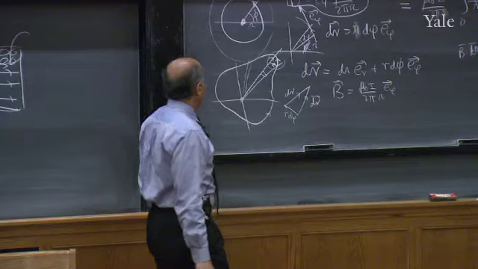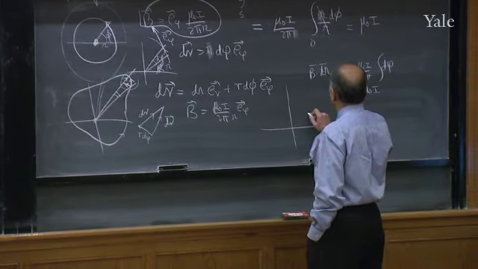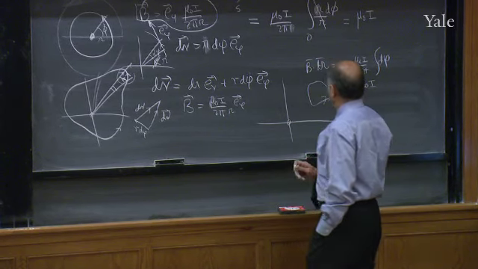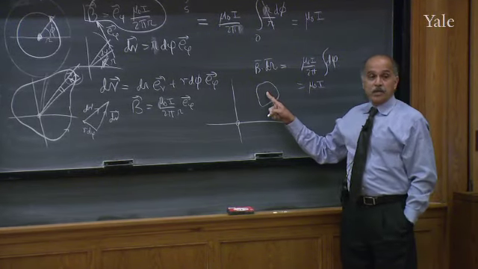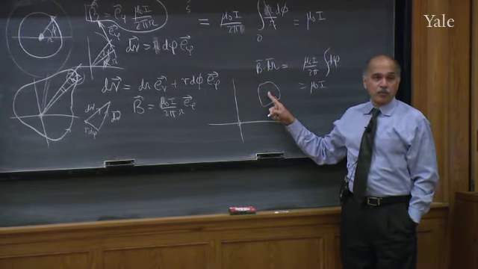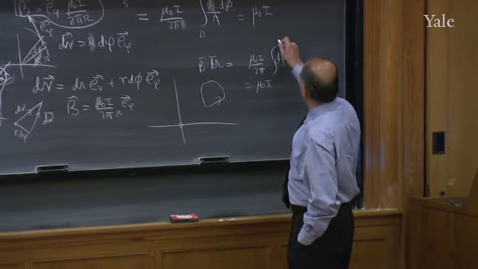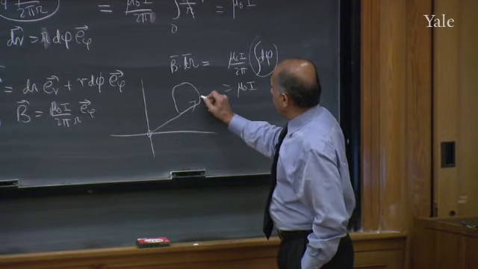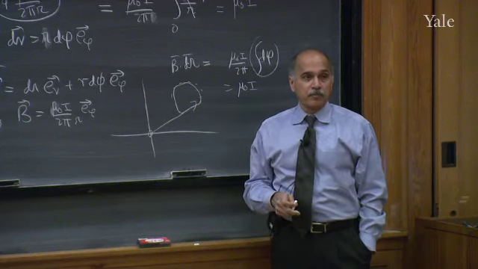What if you took a loop here and the current's actually here? There is no current going out of this guy, so we better get 0 for that, and we want to know why. You'll get 0 because if you do the same formula, it'll give you integral of d phi, but notice if you go around here and come back all the way here, the change in phi is 0. Can you see that?